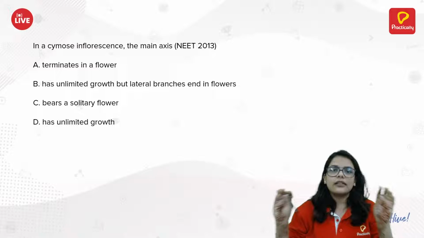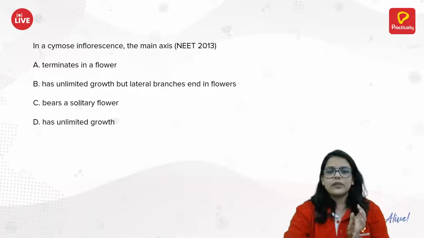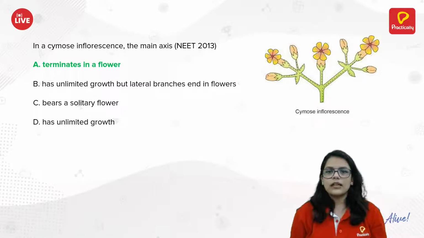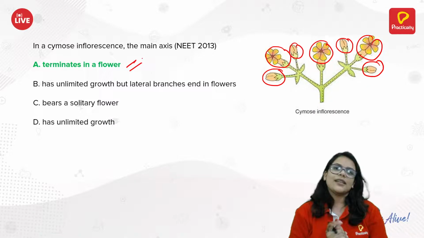At the termination point only, the flowers will be placed. It's quite a simple thing. This is how it looks. See, at the termination point, you can see the flowers. So in cymose inflorescence, the main axis terminates in the flower.